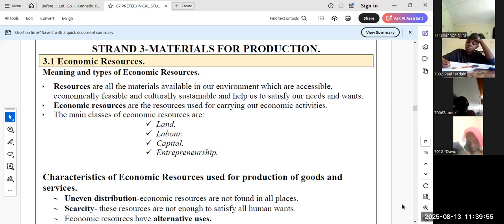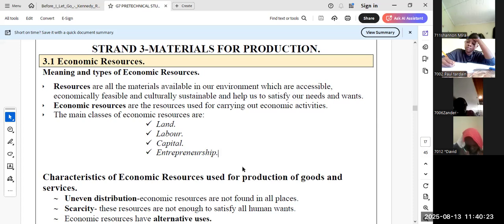And we are saying the main classes, remember, economic resources are grouped into four. We have land as an economic resource, we have labor, we have capital, and we have entrepreneurship. We just finished looking at entrepreneurship as a strand, and we looked at the definition of an entrepreneur and of a sole entrepreneur.